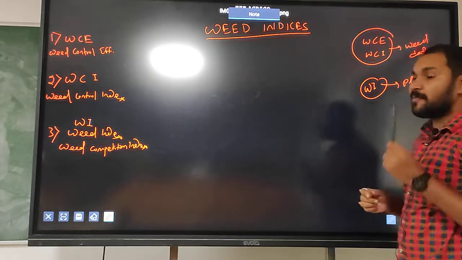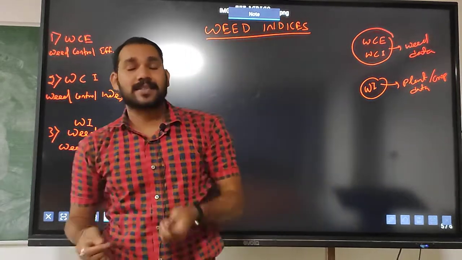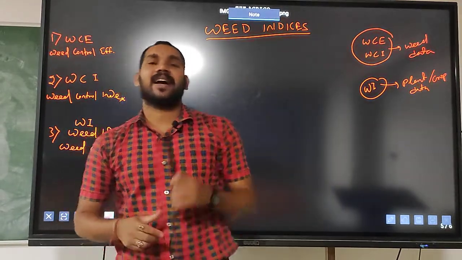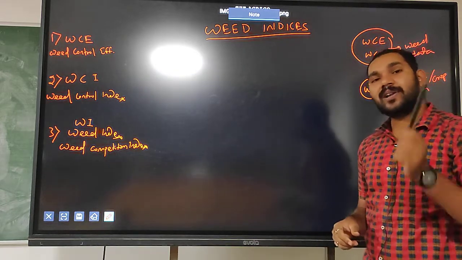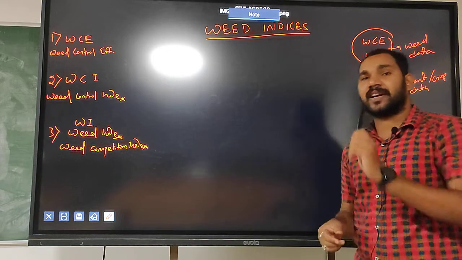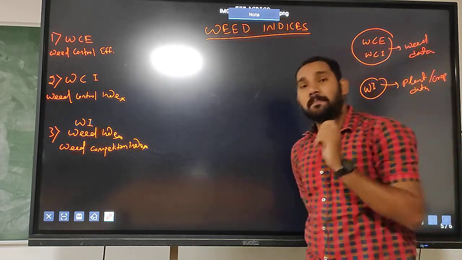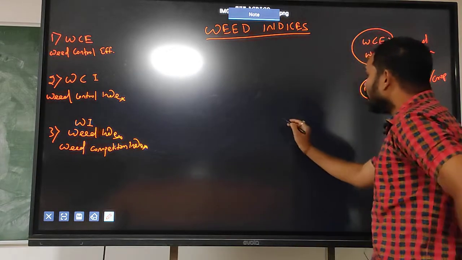That means if you want to calculate the weed control efficiency and weed control index, then you need the data regarding the weed. But if you want to calculate the weed index or weed competition index, then you need some plant data.